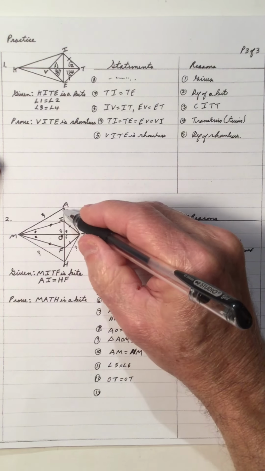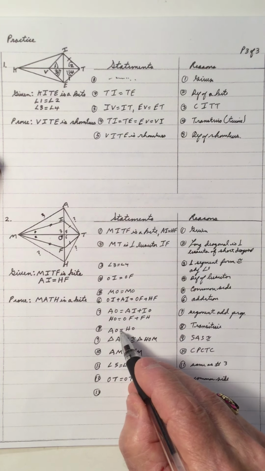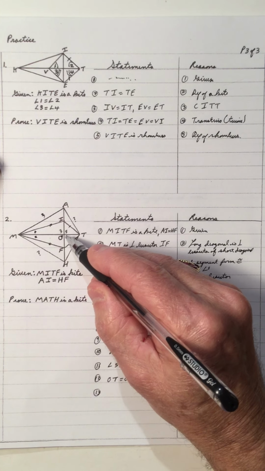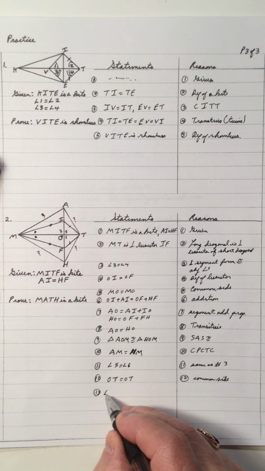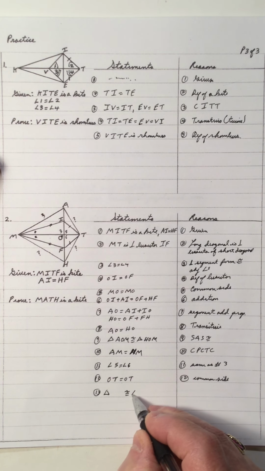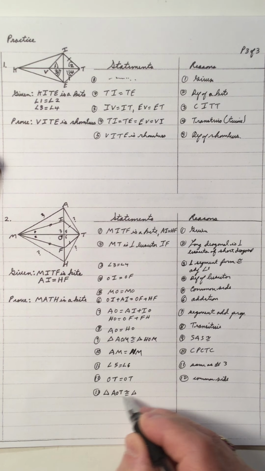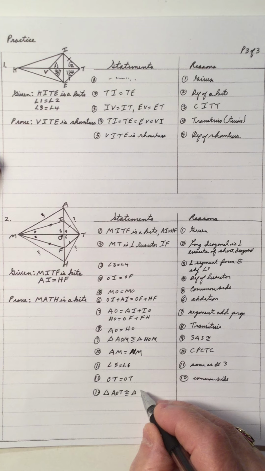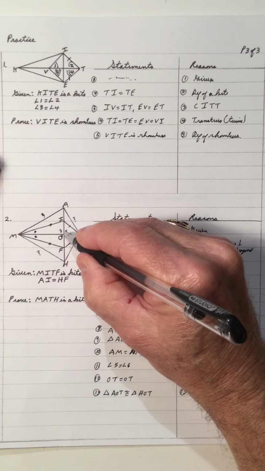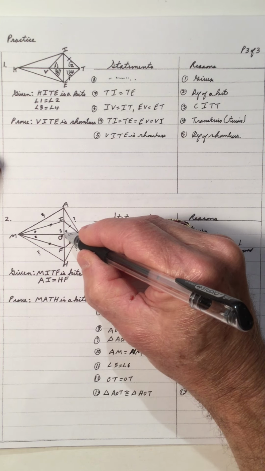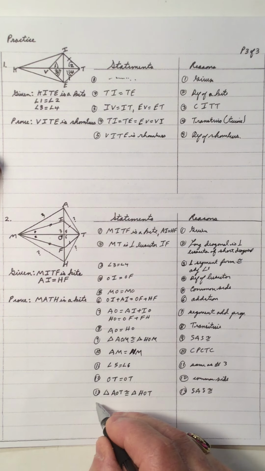So notice now I have AO equals HO here, angle 5 equals angle 6, and OT equals OT. So I have AOT congruent to HOT, and that's side AO, angle 5, and OT, so that's an SAS congruency.